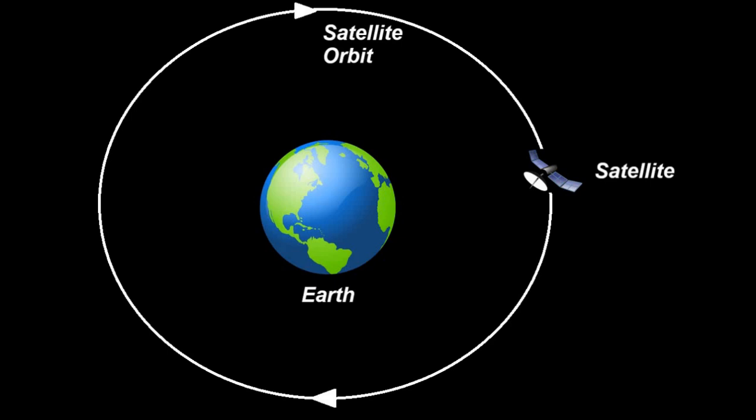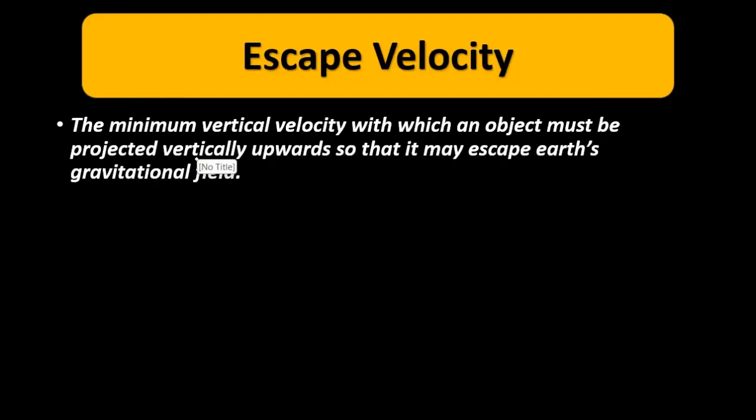So the basic definition of escape velocity is that it is the minimum vertical velocity, that is velocity in the upward direction, with which an object, in this case the rocket carrying the satellite, is projected vertically upwards so that it escapes Earth's gravitational field. Now, this is the definition.